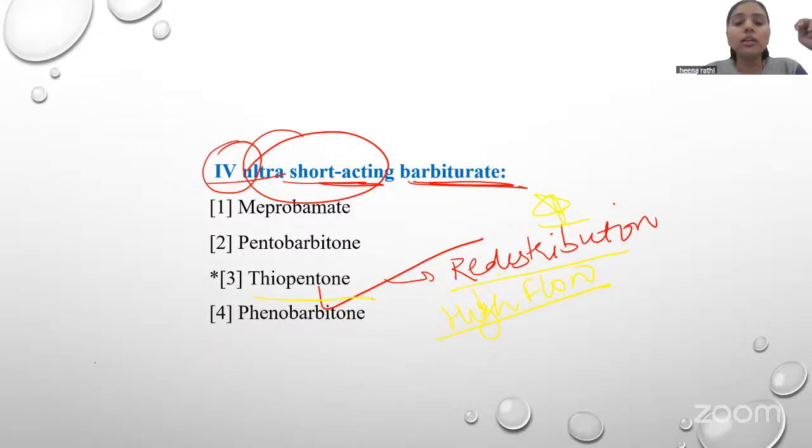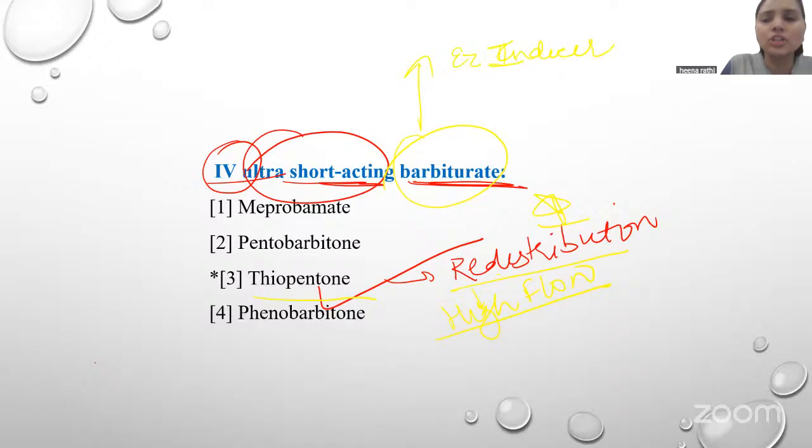One more thing about barbiturates. Barbiturates were invented for sedative and hypnotic purposes. They were the first drugs invented for CNS purposes, but they were seen to have multiple adverse effects. They are potent enzyme inducers, so there are many drug interactions.